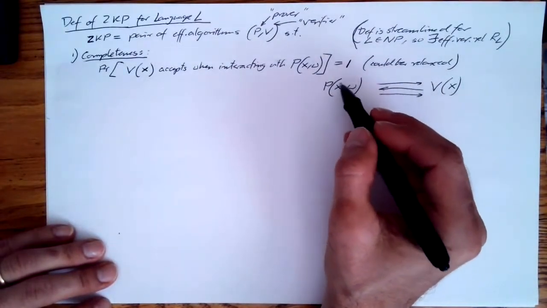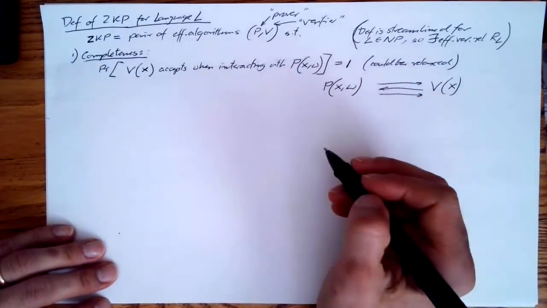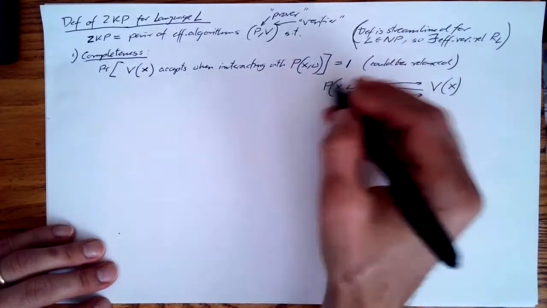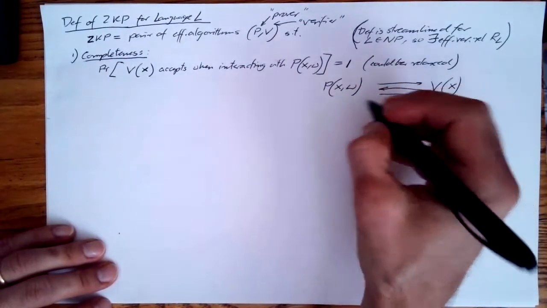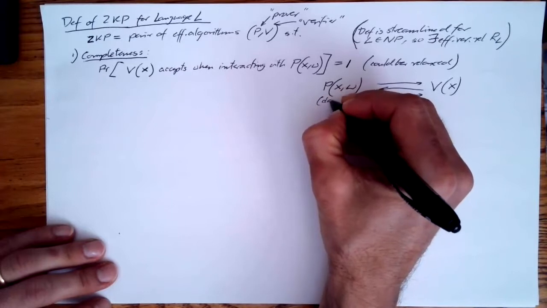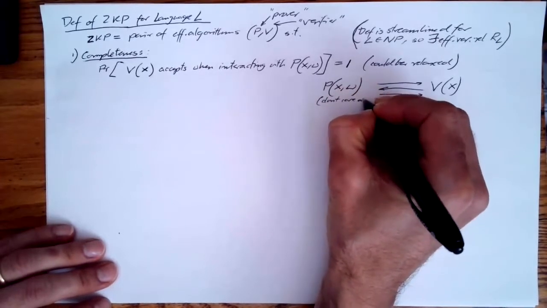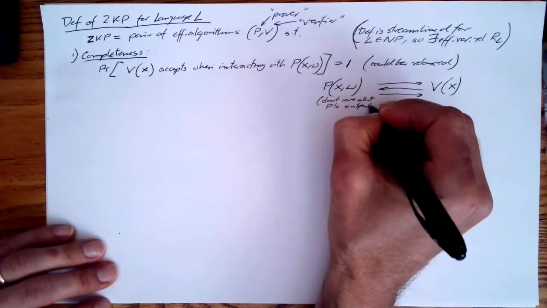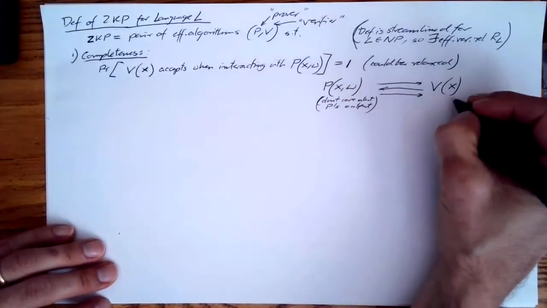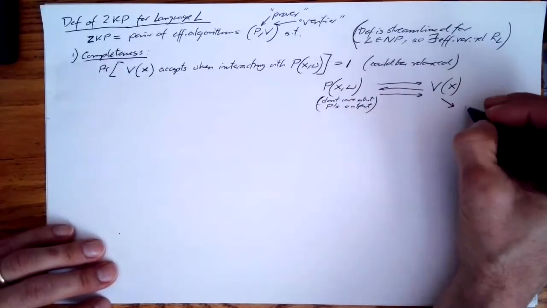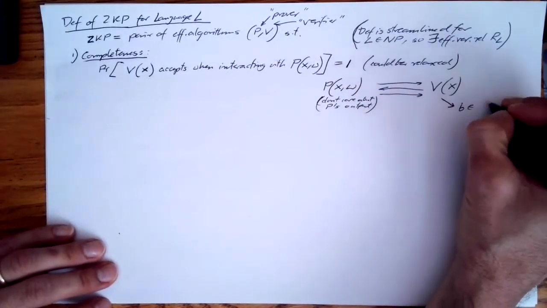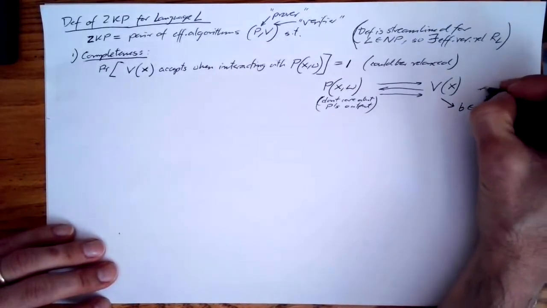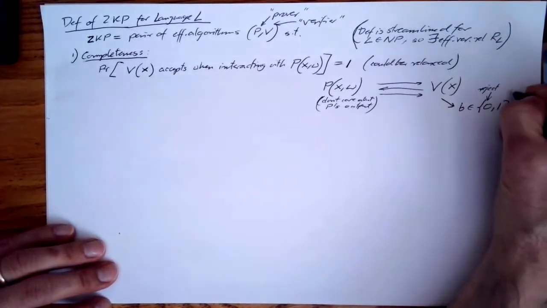In some proof systems the prover will start, in others the verifier will start. But the verifier is the one who gets the last message, because we don't care about the prover's output. We do care about the verifier's output, which is a bit, either 0 or 1: 0 is for reject, 1 is for accept.